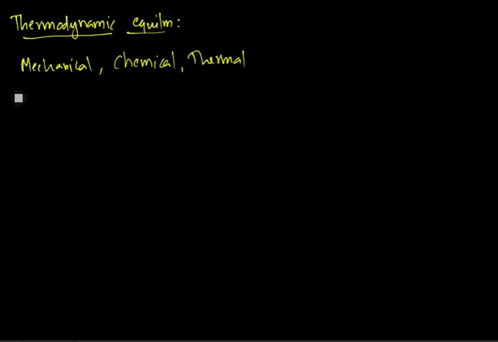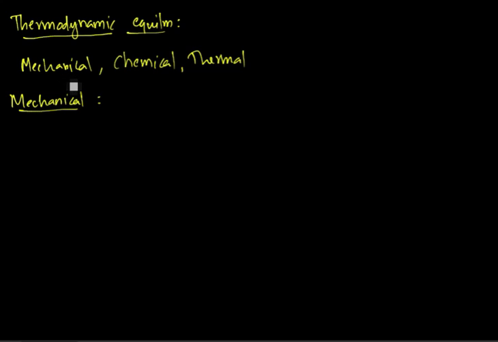Now let's see what we mean by mechanical equilibrium. You know that if there are mechanical non-equilibrium conditions, there will be some unbalanced force at some part of the system.